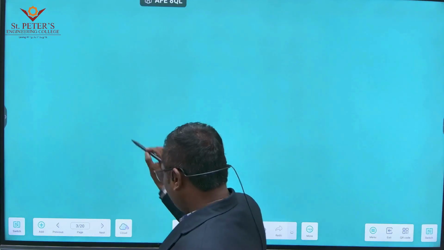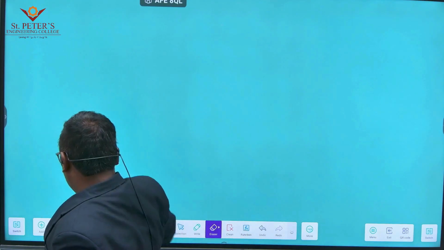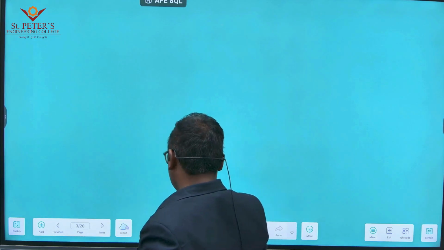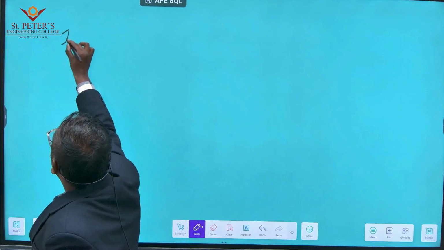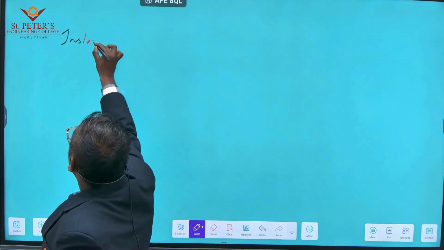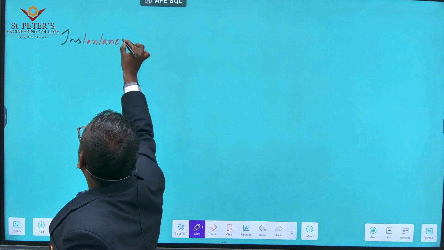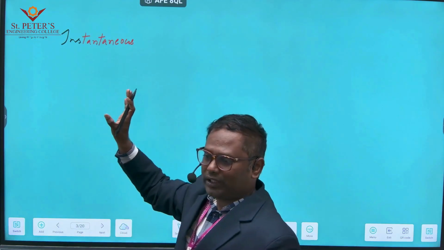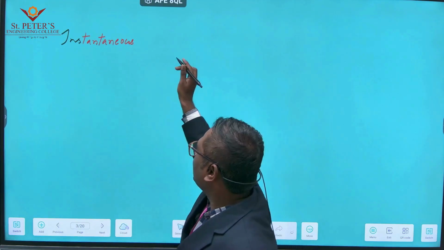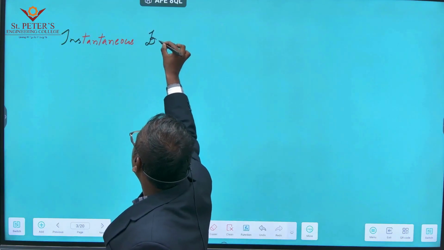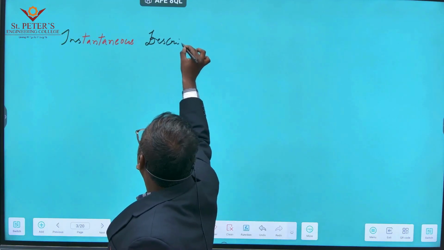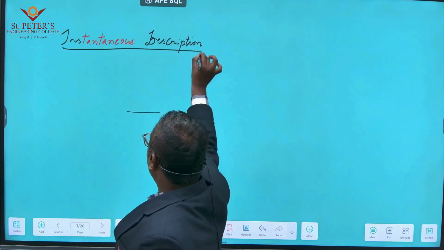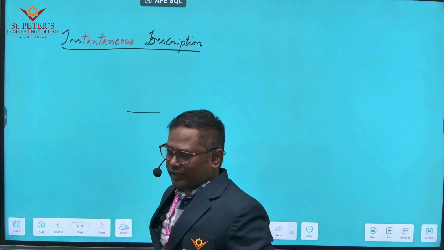Now I am going to write an instantaneous description. It is a method used to prove whether whatever you have drawn is correct or not.